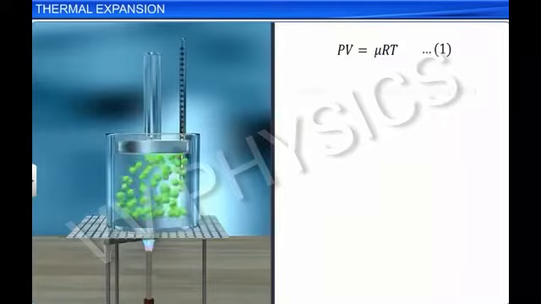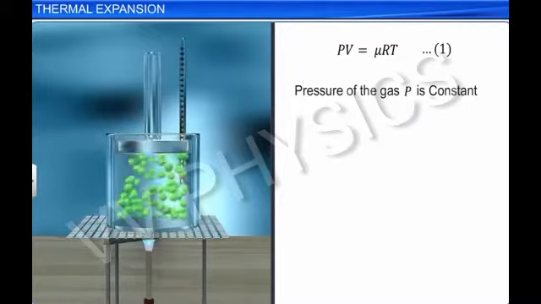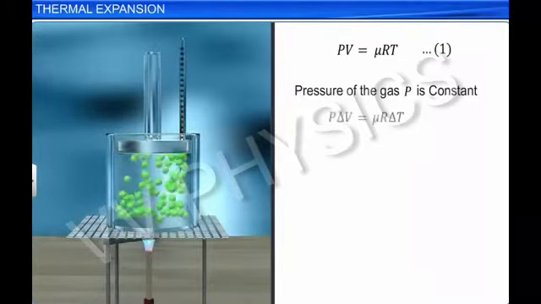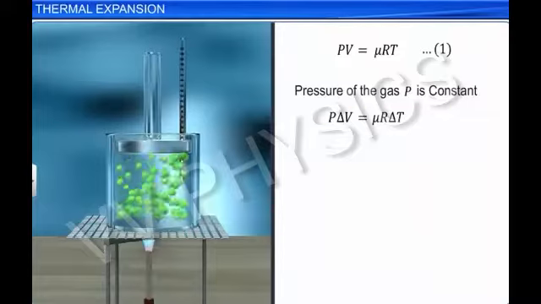If the pressure of the gas is constant, on differentiating equation 1, we get P delta V equals mu R delta T. Let this be equation 2.